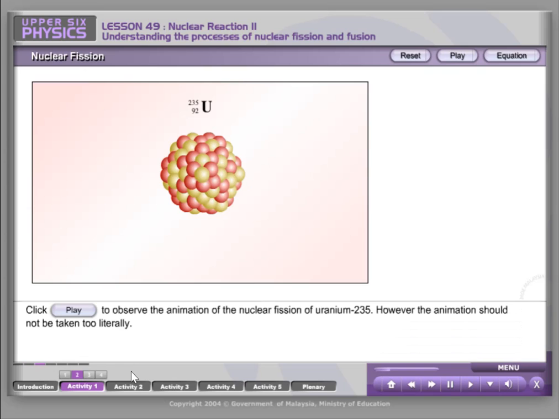Click the play button to observe the animation of the nuclear fission of uranium-235. However, the animation should not be taken too literally.